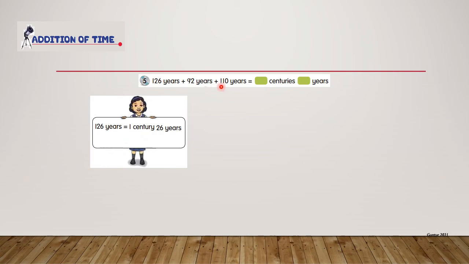Okay. Next, 110 years equals to 1 century and 10 years. Now we can do the standard arithmetic there. Between century and years, 1 century 26 years and 92 years. Add with 1 century 10 years.